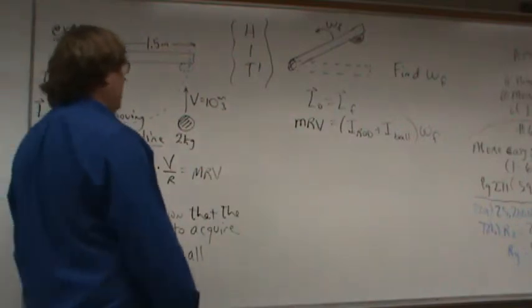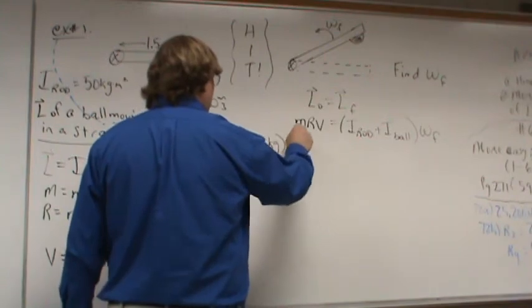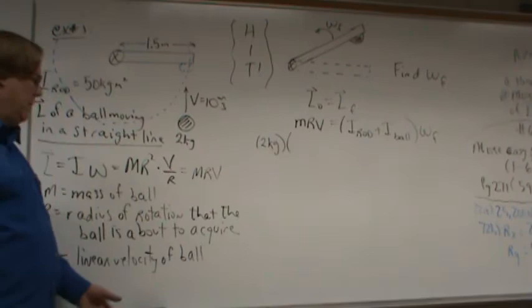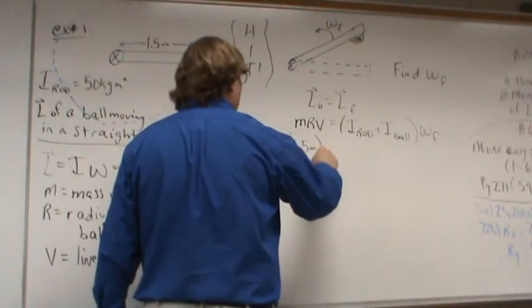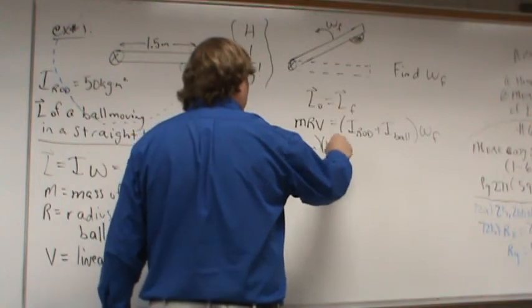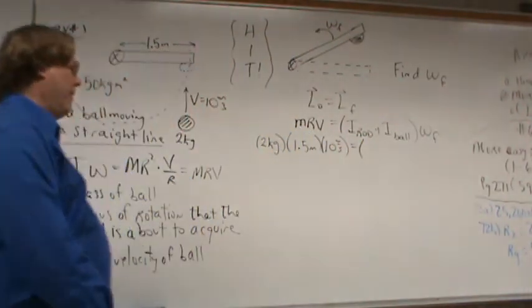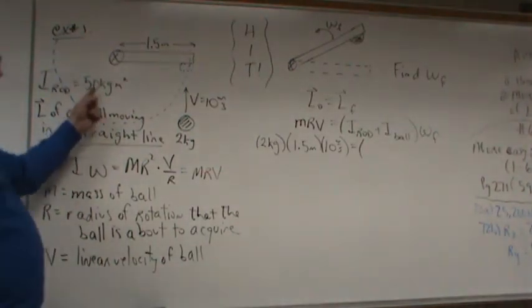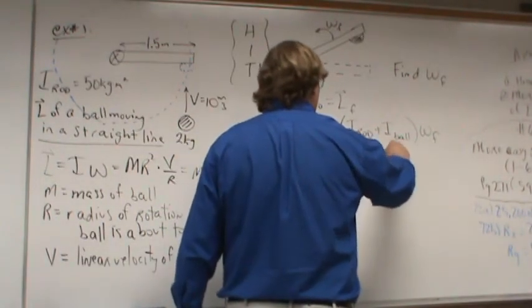Okay, let's plug in. My ball is a 2 kilogram ball. The radius of rotation that the ball's about to acquire is 1.5 meters, and the velocity of the ball is 10 meters per second. The moment of inertia of the rod is given as 50 kilogram meters squared.